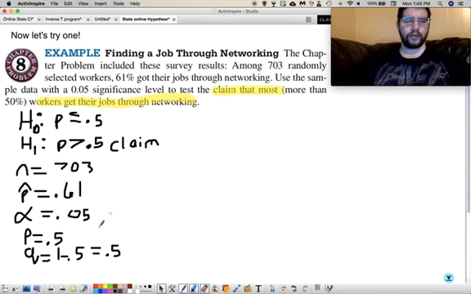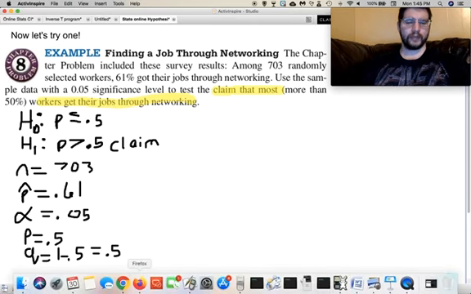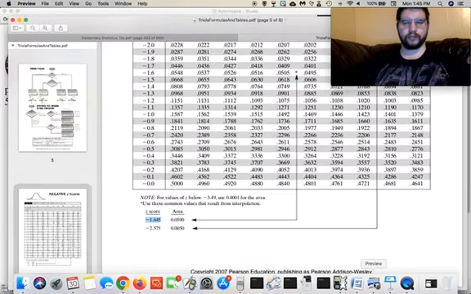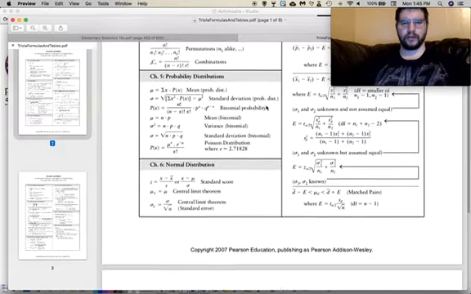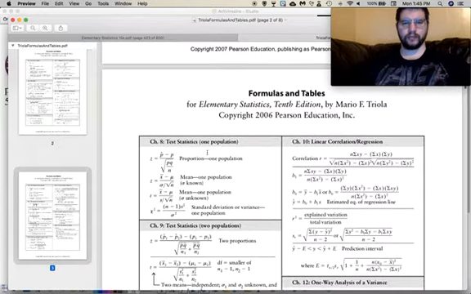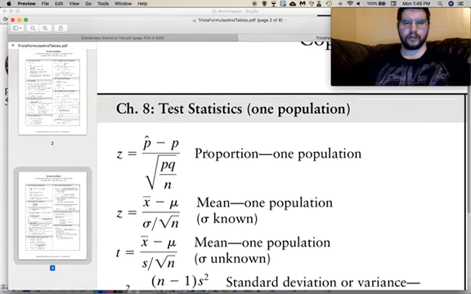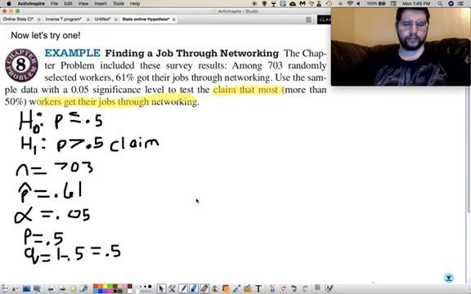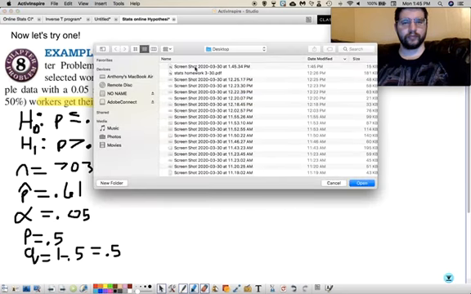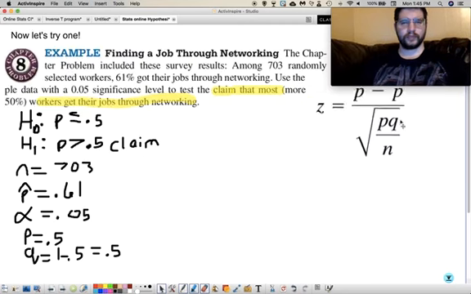So now we've got all the stuff we need, hopefully. Let's look at our formula sheet. And here we are. There it is, on the second page right there. That's my test statistic. Let's figure it out. The formula.